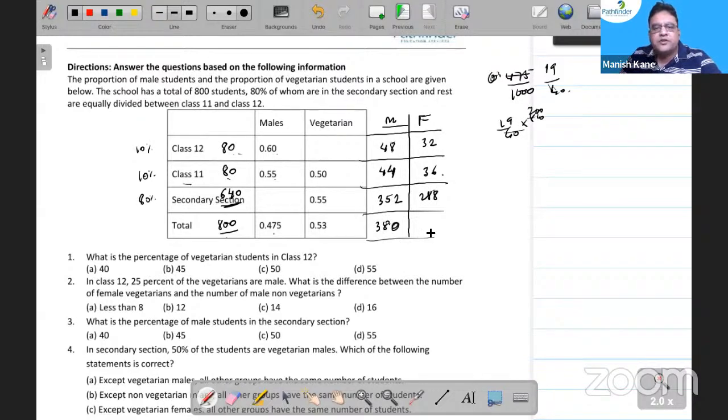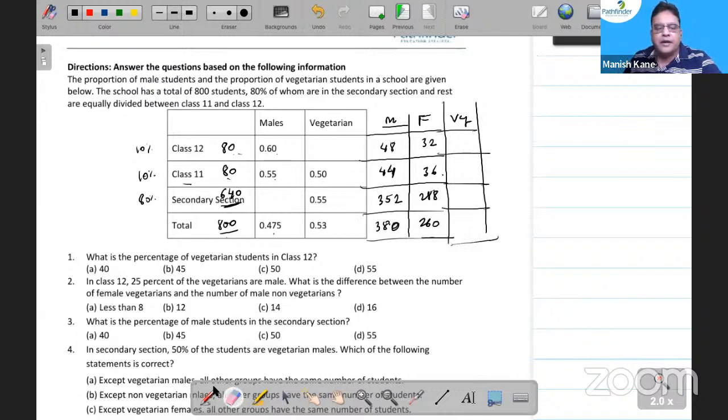So obviously the rest must be females. So 240 plus 20, 260 must be females, out of which you can divide and break up into vegetarian and non-vegetarian. And again, veg, non-veg. Correct?